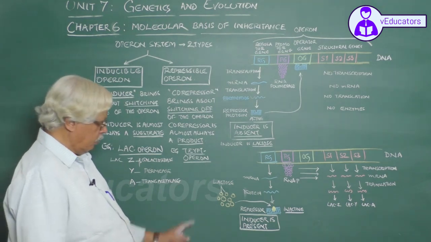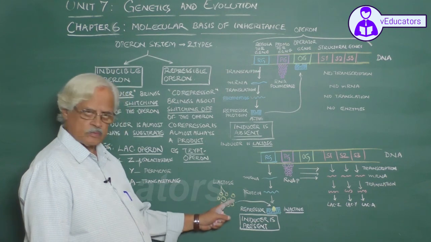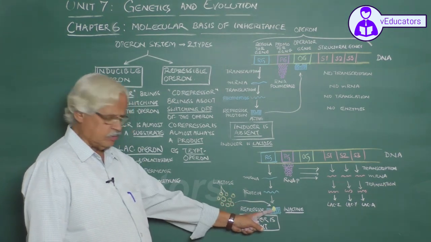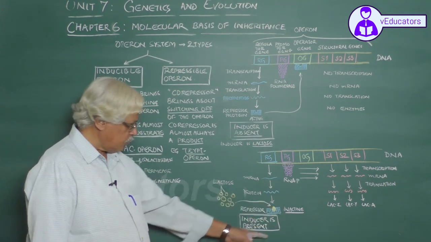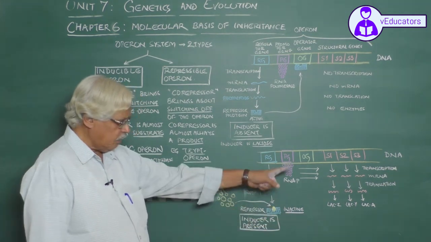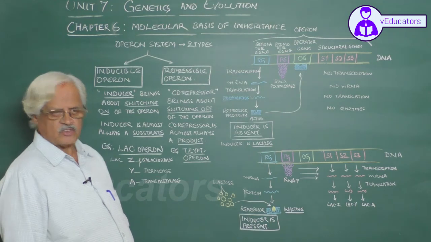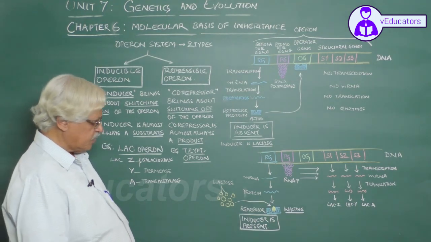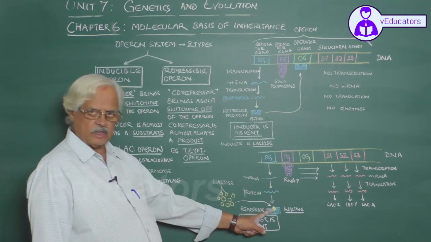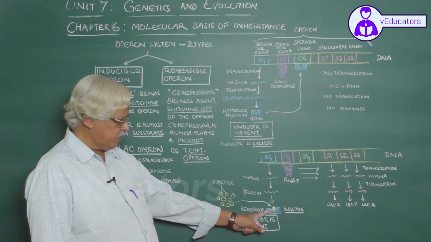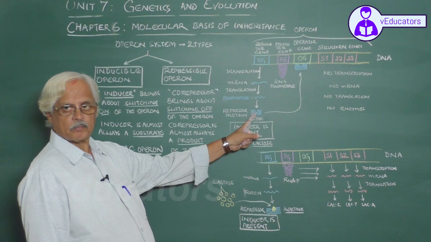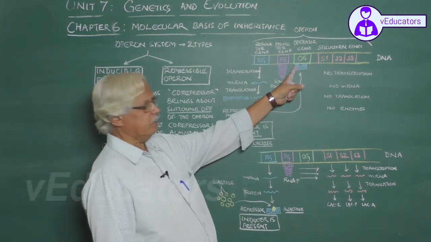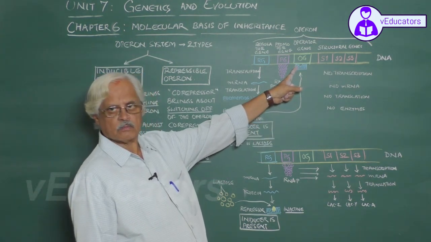Suppose all the lactose molecules, including the one binding with the repressor protein, are broken down, metabolized by these enzymes. No lactose here, no binding with the repressor, so repressor becomes active. Repressor binds with the operator gene.